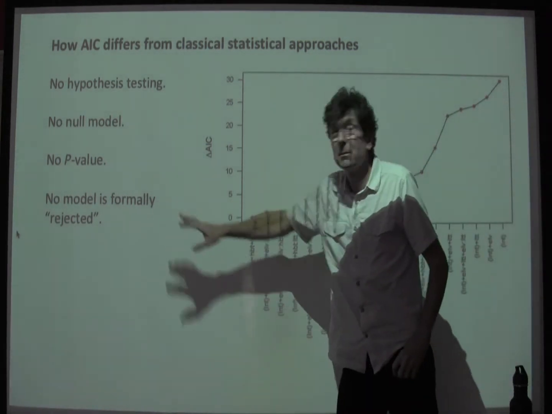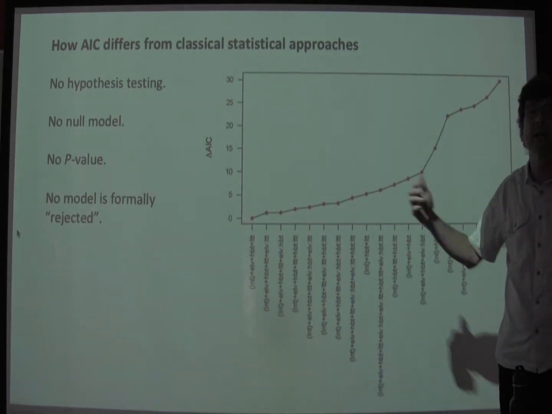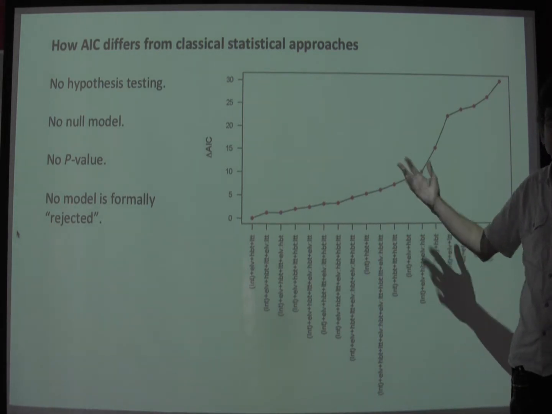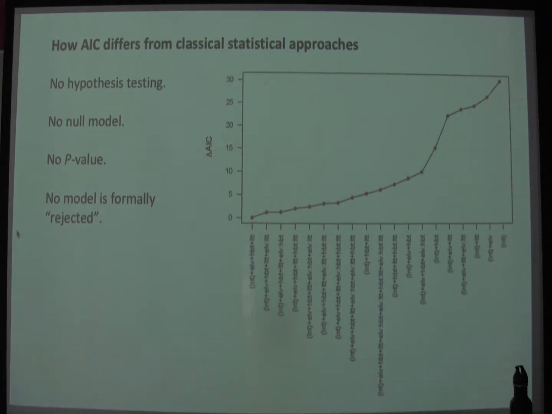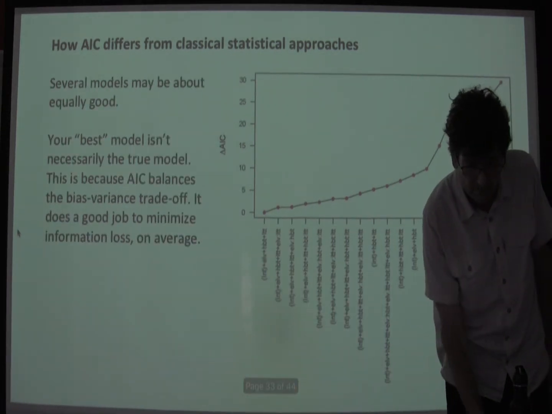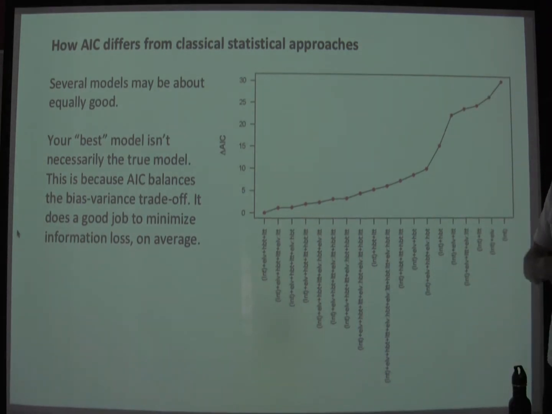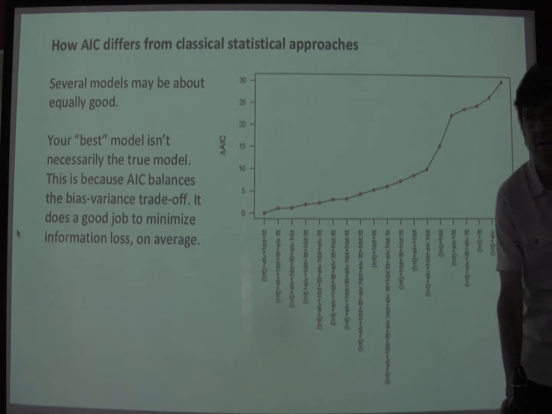No model is really formally rejected, in the same way that a 95% confidence interval doesn't actually reject values outside there; they're just less plausible. We haven't tested a hypothesis, so we're not really rejecting anything. Your best model isn't necessarily the true model.